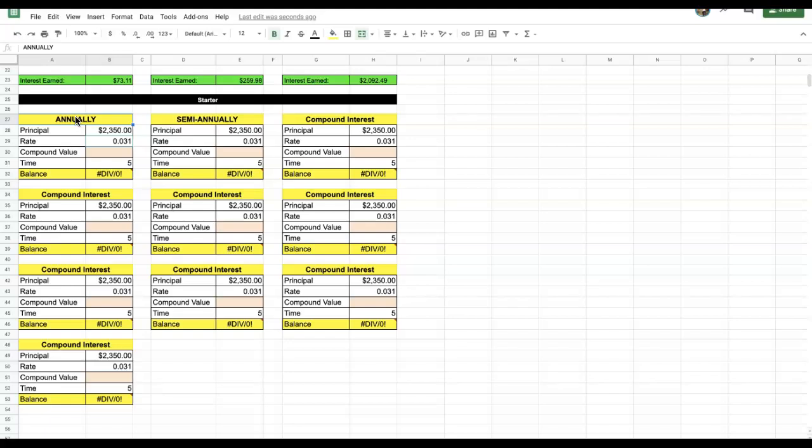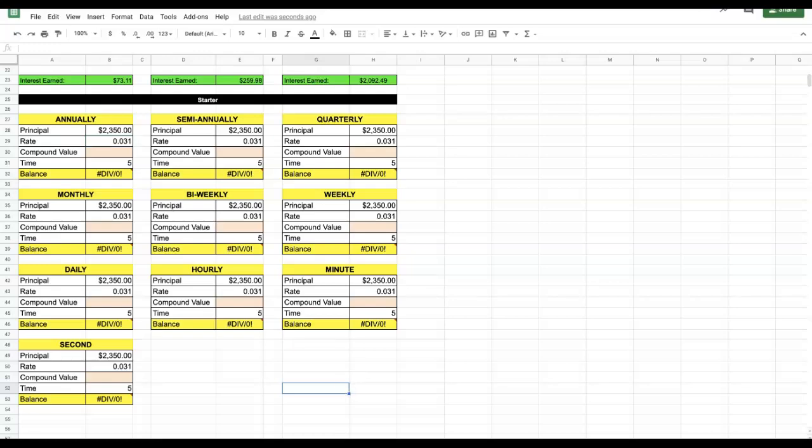So see, I've already started changing the headings. I'm going to go annually, semi-annually, and I'll change this one to quarterly, monthly, and then bi-weekly, followed by weekly, followed by every day, and then every hour, and then every minute, and then every second.